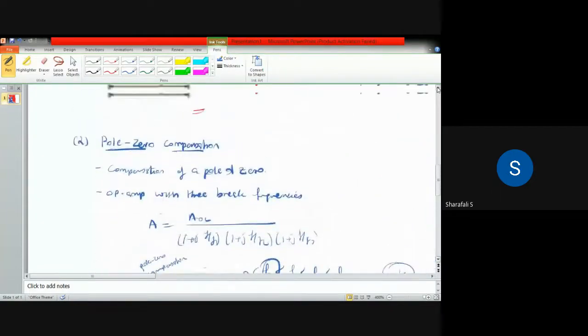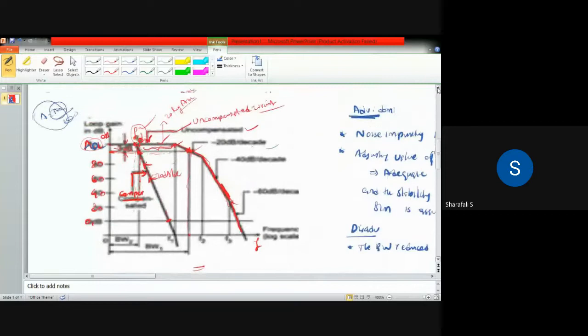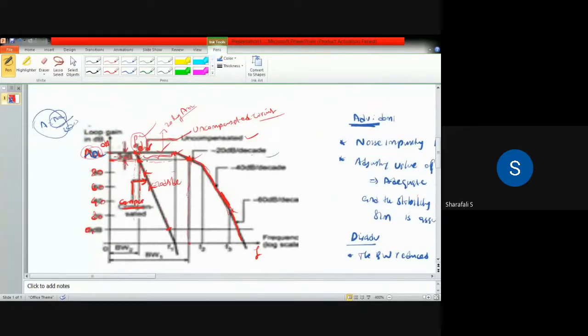So we have to set these values of R1, R2, and C for compensation. Similarly in this case also, we had to get this variation of minus 20 dB per decade up to that 0 dB. In the second diagram, what I have drawn for the first example was just an example to show how the variation will happen.